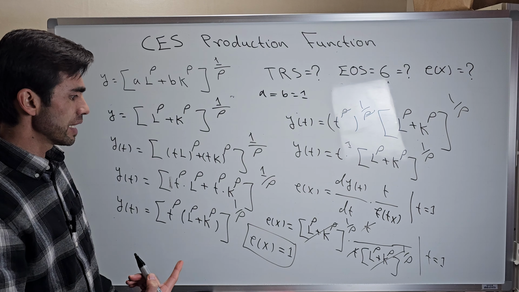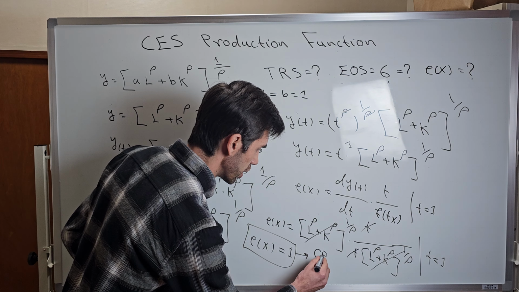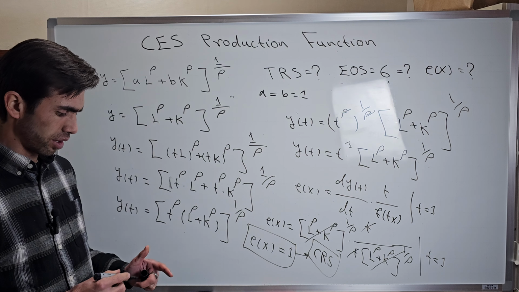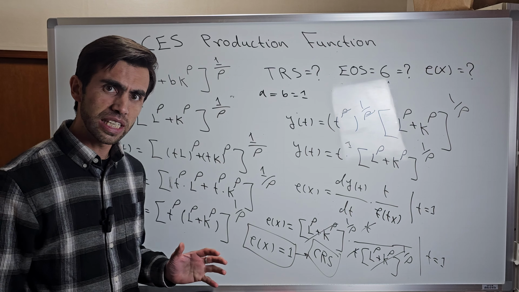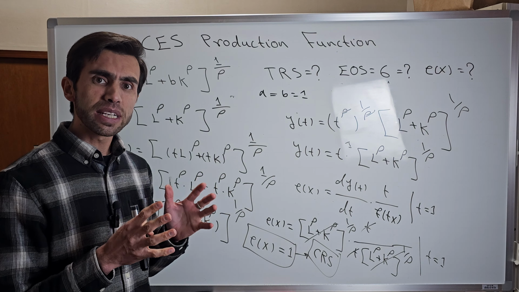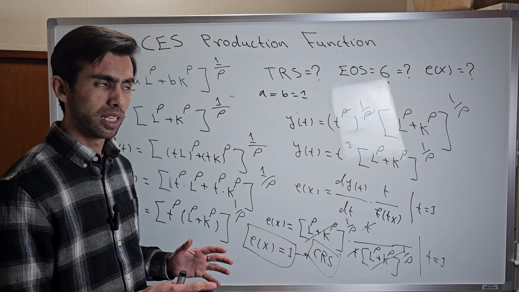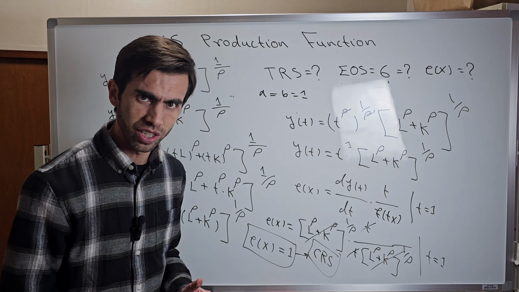It means the CES production function has constant returns to scale. So overall, the conclusion is the elasticity of scale for the CES production function is equal to 1. It means the property of constant returns to scale is well defined in the concept of the CES production function.